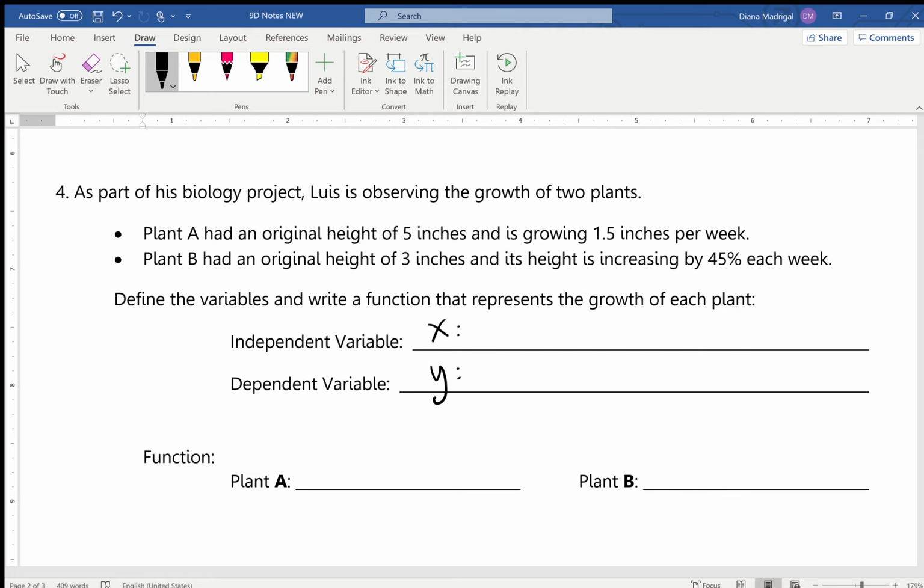Okay, let's look at the problem. They're both talking about the original height and the growing for each week, or per week. So which of these is going to be x and y?